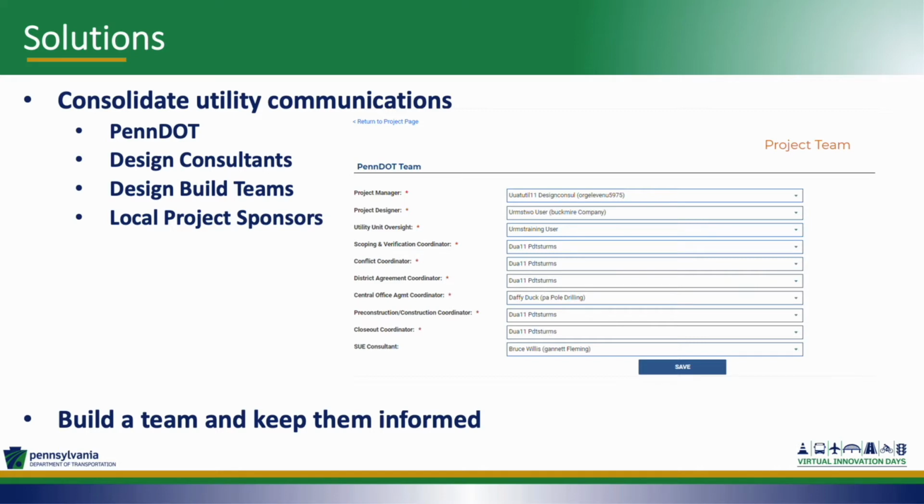These roles are utilized to distribute different correspondence, different plans, different deliverables, and also to give friendly task reminders of outstanding items that are necessary for the delivery of that project. In the end, the goal was to be able to build a team and then keep that team as informed as you can on a given project.